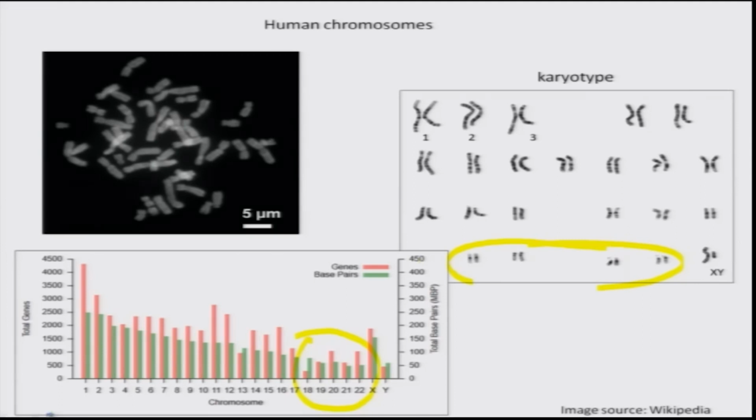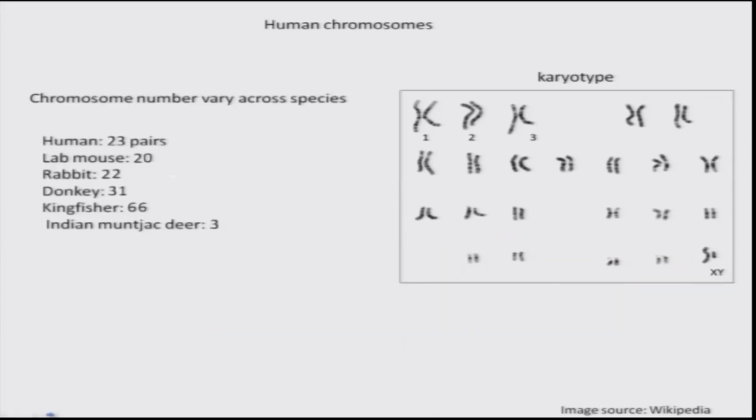What is also interesting is the number of chromosomes. In humans, we know we have 23 pairs, which includes 22 pairs of chromosomes that we call autosomes, meaning present in both male and female, and the pair of sex chromosomes, that is X and Y. But if you look into the number of chromosomes, it varies from species to species.